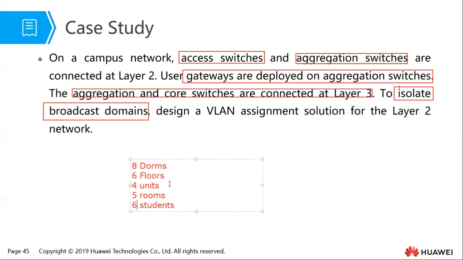Per room or per unit or per floor or per dorm? Okay, so the appropriate is either per room or per unit. The thing is, we are supposed to keep the size of the VLAN from being so big. That is very, very important.